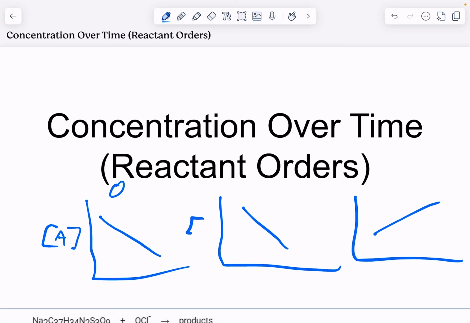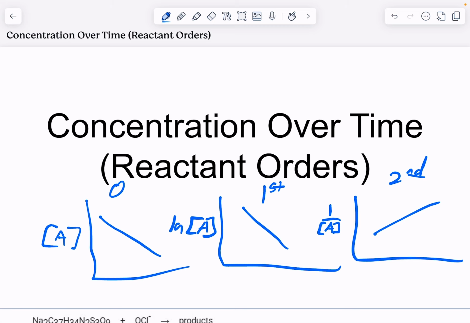If it's the natural log of the concentration and it's linear, then it's first order. And if it's 1 over the concentration and it's linear with a positive slope, then it would be second order. So these are the generic trends that we're looking for.